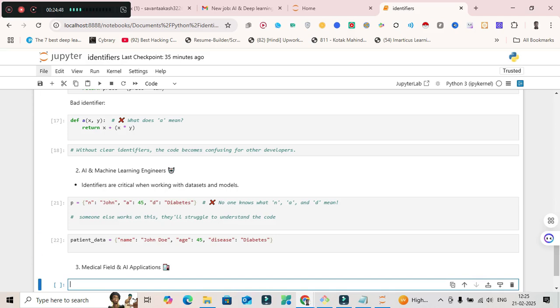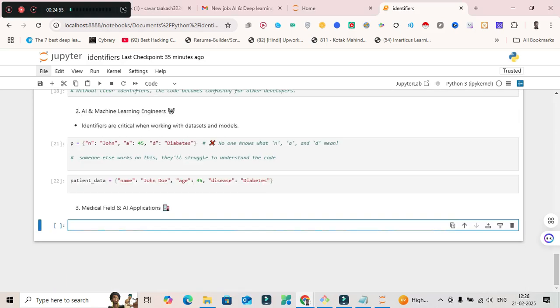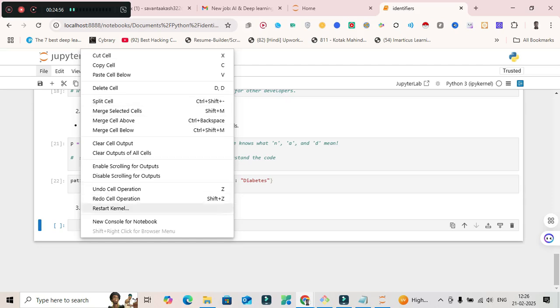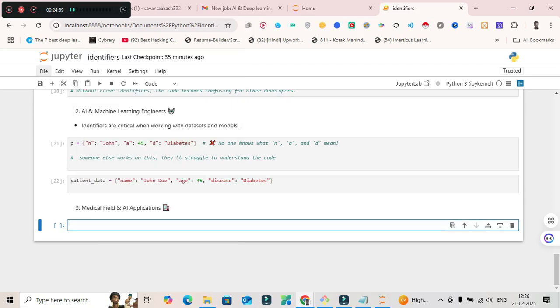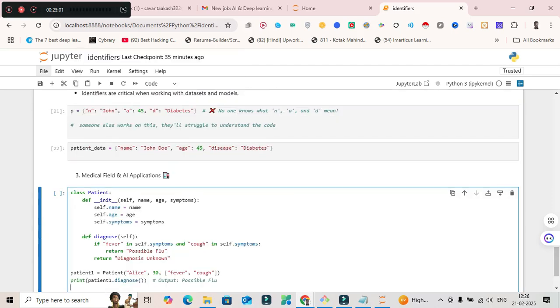Let's take this example. I'm not building anything complex here, keeping it very simple. Let's say we take a class called Patient, and we'll have a constructor here. We'll have a name, age and symptoms. Any patient you take, these three attributes will be there.